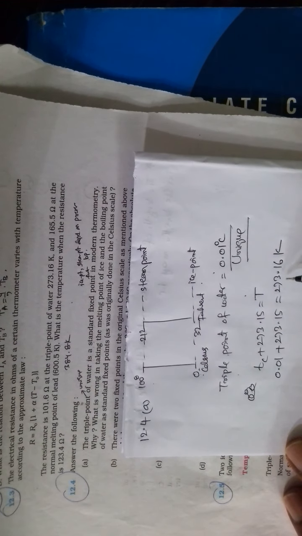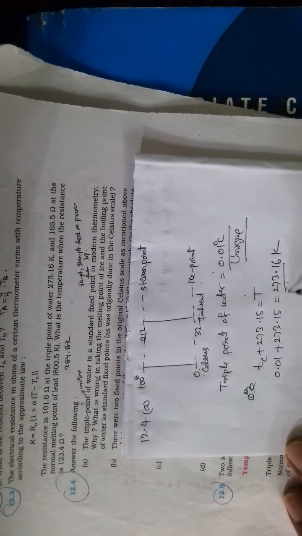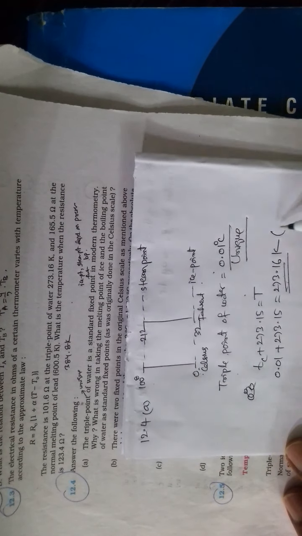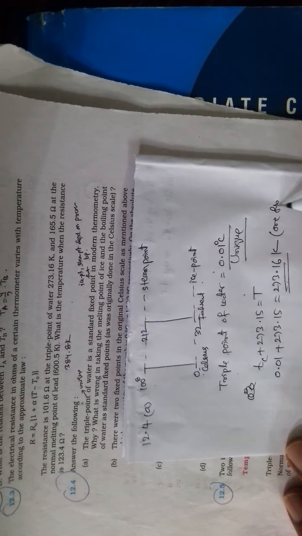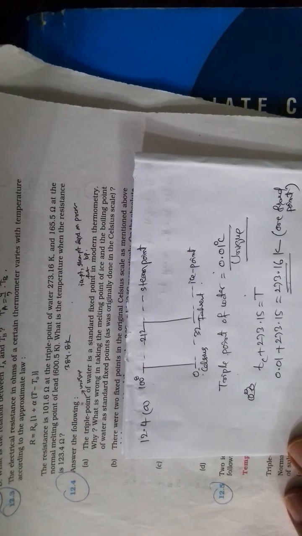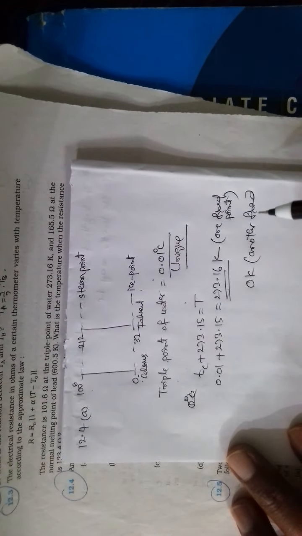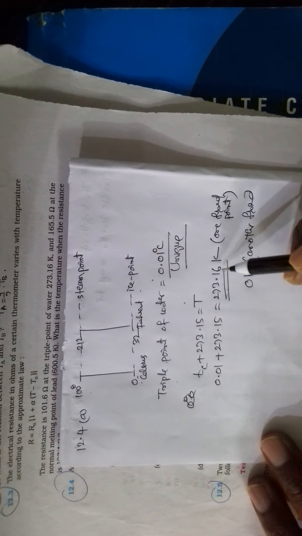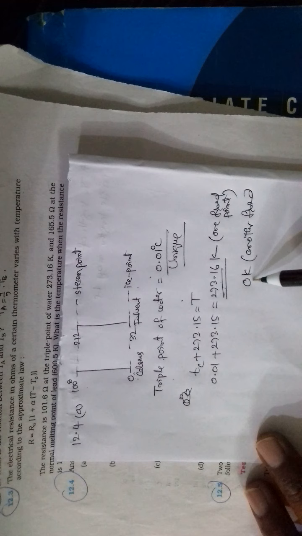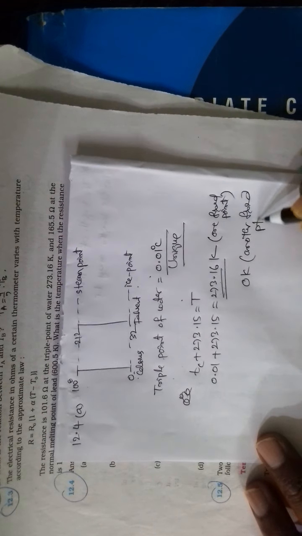So the triple point of water is 273.16 Kelvin. This is one fixed point in modern thermometry, and another fixed point is 0 K. Triple point of water is one fixed point, and absolute zero, that is 0 K, is another fixed point.